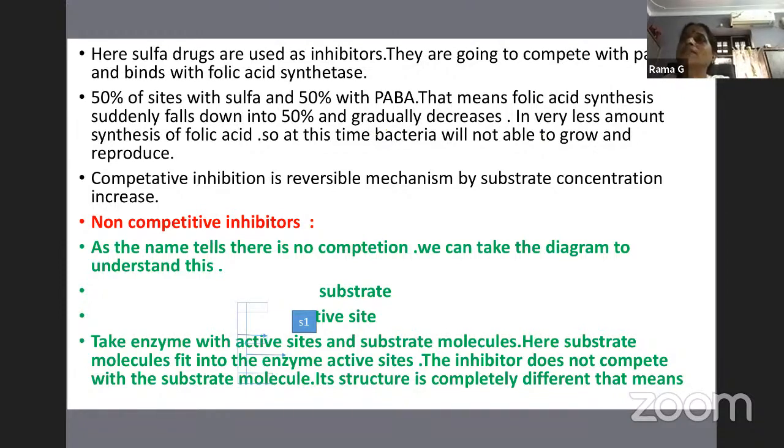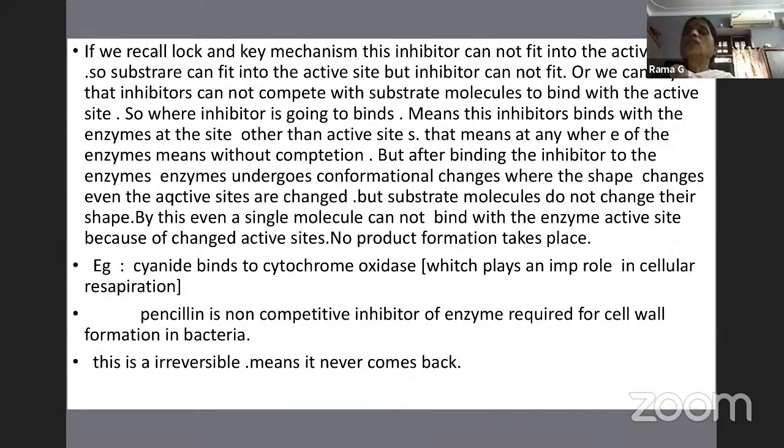As a result, substrate molecules cannot bind with the active sites because of the changed shape. The active sites are free without any substrate molecules and without any inhibitors, so there is no complex formation and no end product formation. Totally, the reaction will be stopped by non-competitive inhibitors. So this is about non-competitive inhibitors.